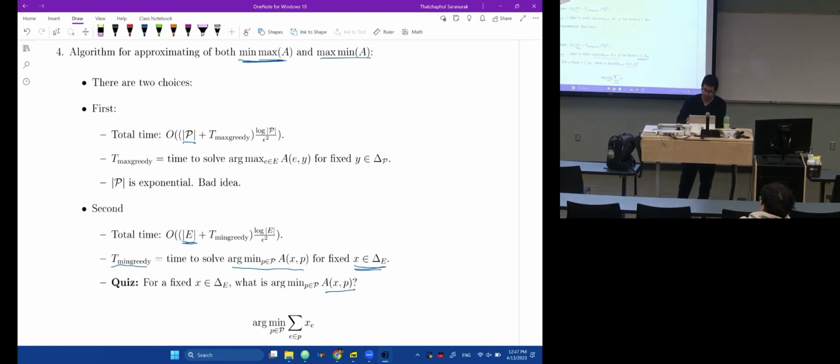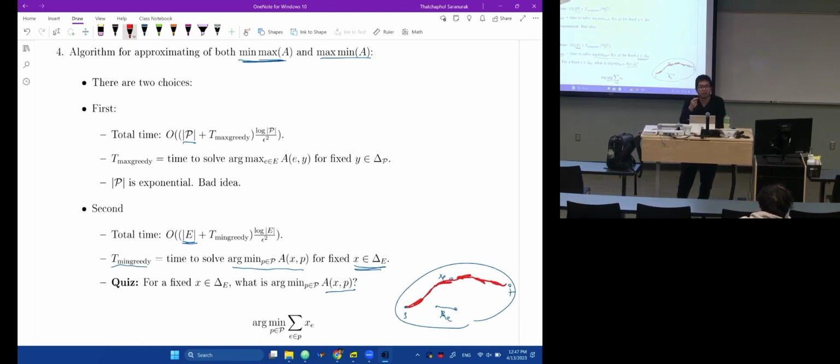You have a graph and you have a number on every edge x_e, and you have s and t, and you want to find a path such that the sum of x_e on the path is minimized.